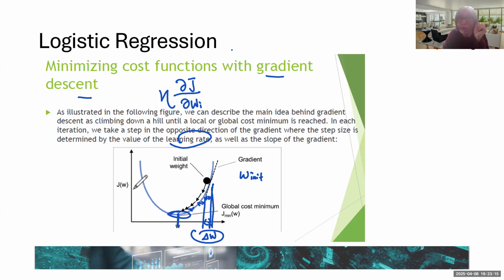And the goal is to minimize the cost. So when the cost is minimized, then this weight is going to be the optimal. So that's the whole idea about gradient descent.